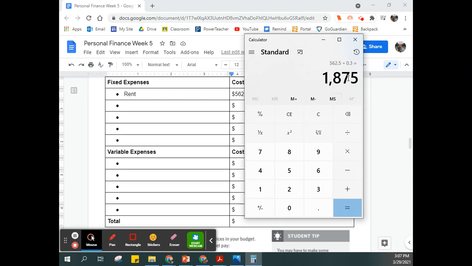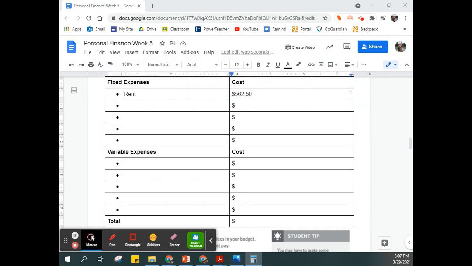You can just go ahead and move a decimal point one. If you have problems with that, you can do times 0.1 for 10% of that, 187.50. So that's going to be car payment 187.50, and so on and so on and so on.